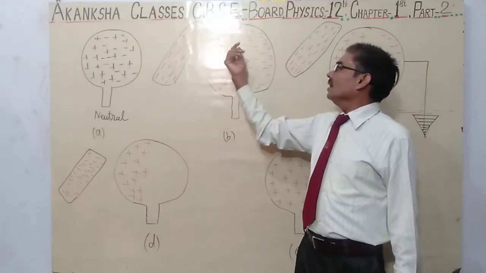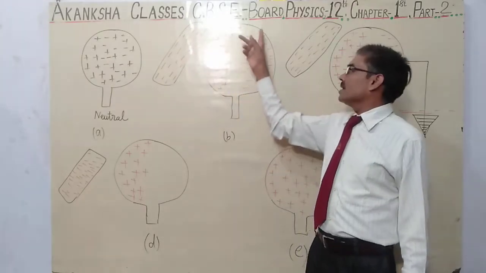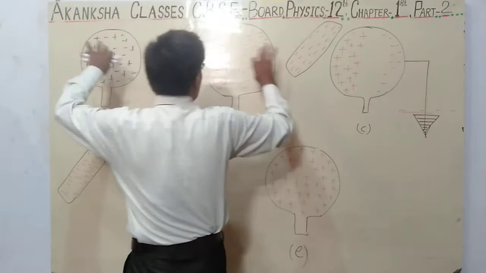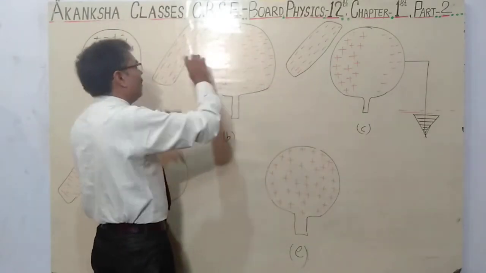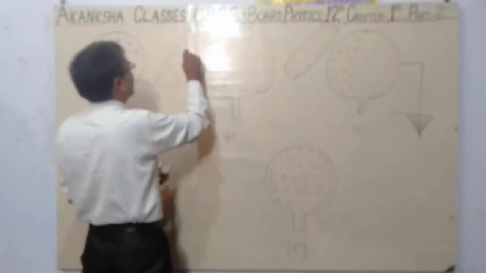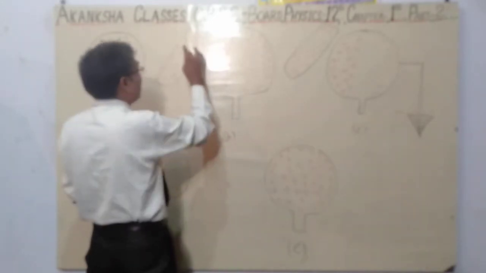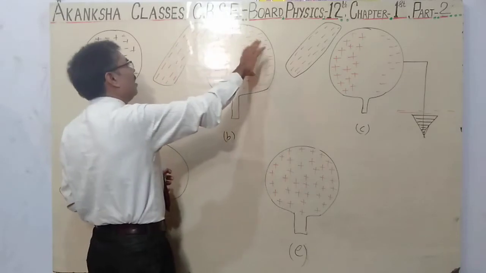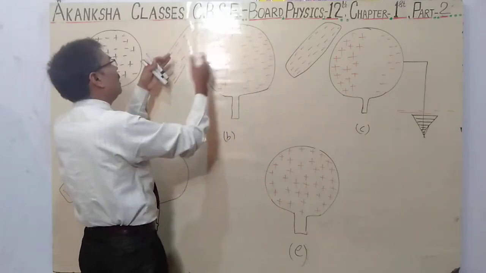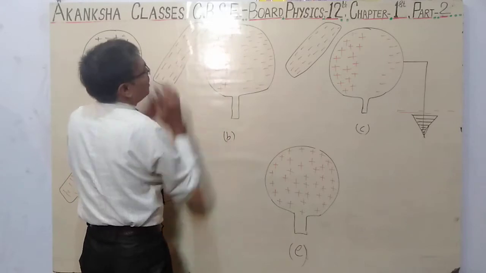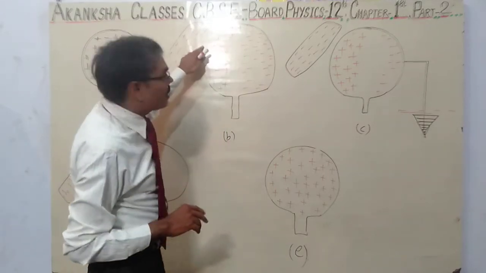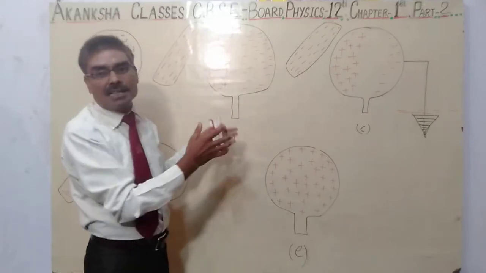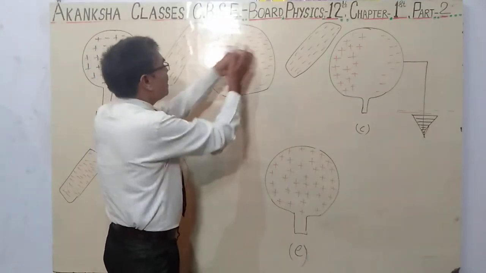The negative charges present inside the metallic sphere, being the same charge, will move away from the negative charged object because of the repulsive force, and the positive charges will be nearer. Without touching, you can see this difference. Without touching, we have made a separation between the positive charges and negative charges.